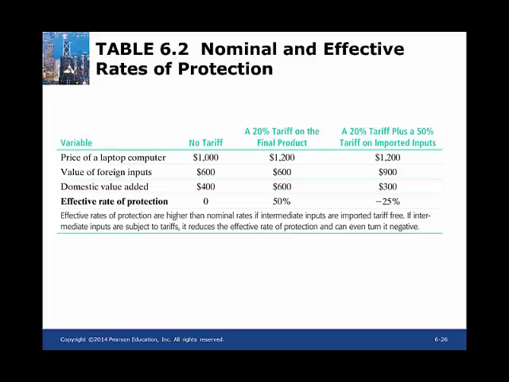Effective rates of protection are higher than nominal rates if intermediate inputs are imported tariff-free. If intermediate inputs are subject to tariffs, it reduces the effective rate of protection and can even turn it negative.